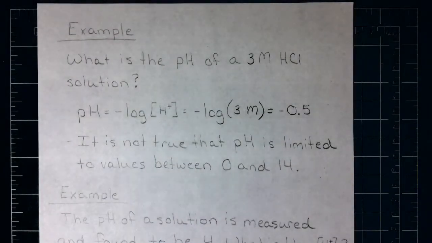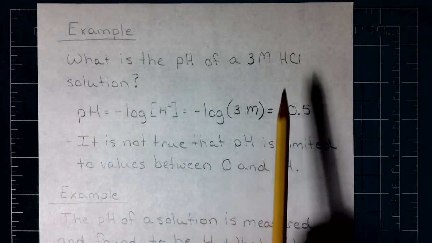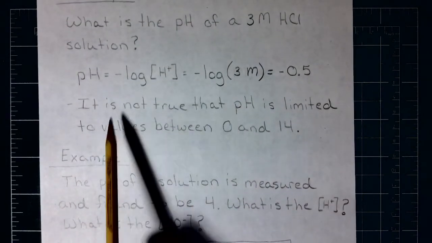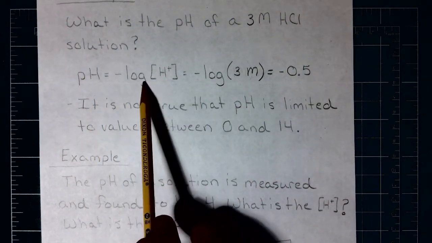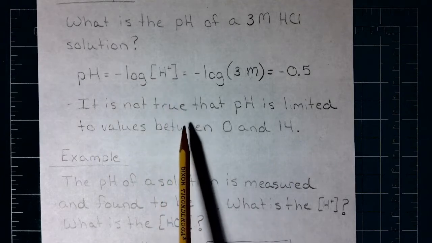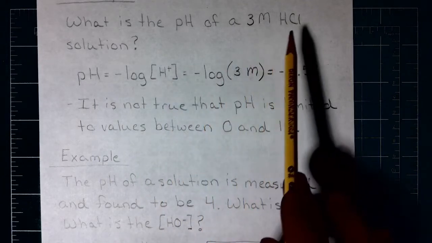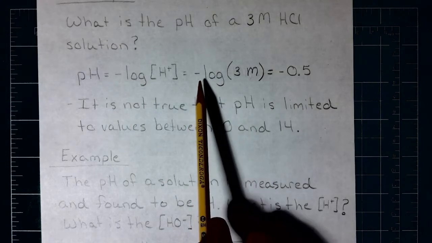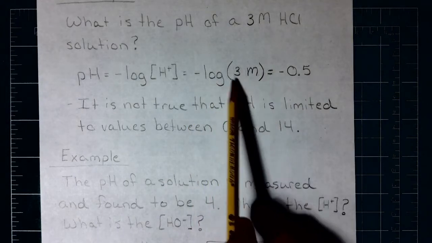Let's take a look at an example here. What is the pH of a 3 molar HCl solution? So we know that pH is equal to the negative log of the hydrogen ion concentration. We'll assume, because this is a strong acid, that it completely dissociates. We'll take the negative log of 3 molar.